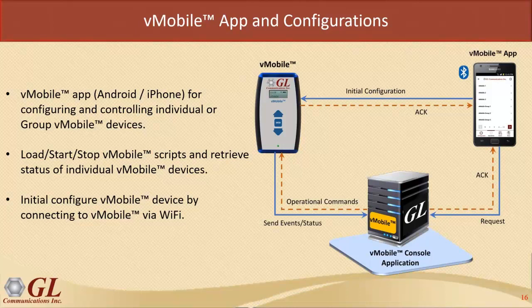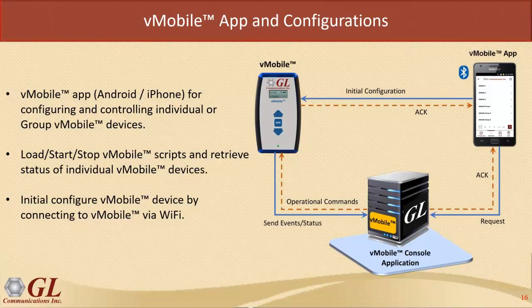The other thing is the initial configuration, so you can see that on the screen here. We came up with the idea of, well, when you take the vMobile out of the box, how does the vMobile know how to connect to the Wi-Fi or what have you? So the initial configuration basically allows the app, or the phone that the app is running on, to directly connect to the vMobile through Wi-Fi.